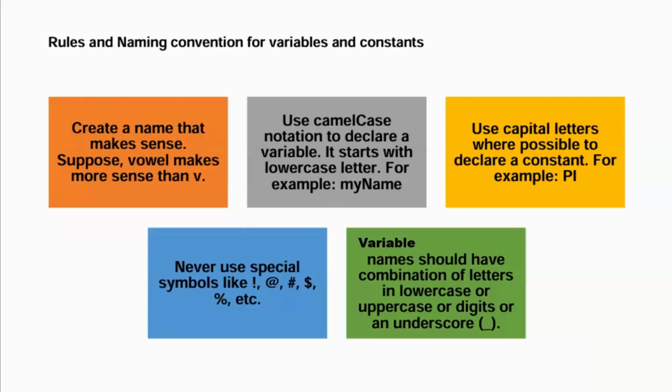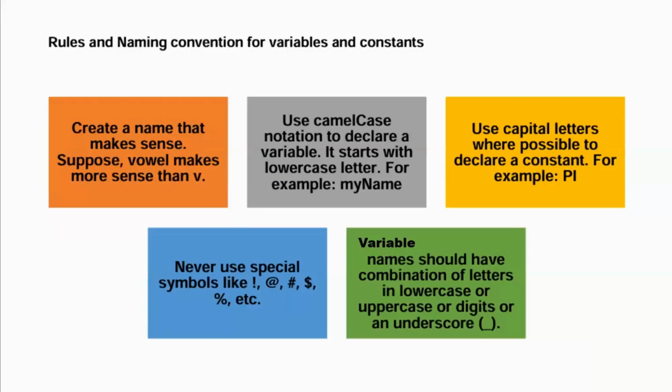Create a name that makes sense. Suppose vowel makes more sense than V. Keeping V as the name of the variable, I can refer to it as an identifier because presently it's not storing any value. So vowel makes more sense because vowel describes that it will be holding a value like A, E, I, O, U. If I talk about something called temp, temperature, in short form T, temp.